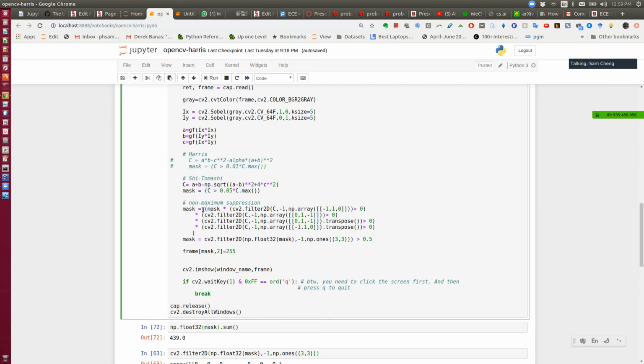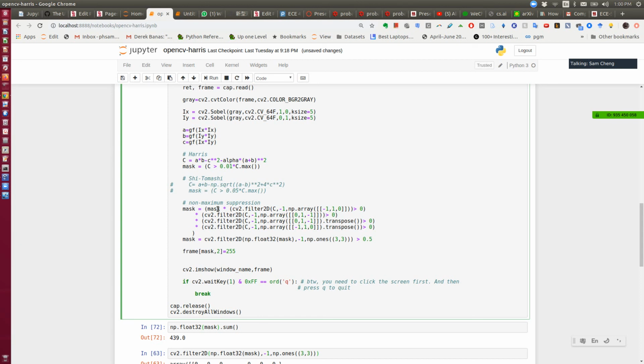Then here is the choice: I try both Shi-Tomasi and Harris. Shi-Tomasi tries to find the minimum of the eigenvalues, and you can find the closed form if you use a pen to calculate it. You can find that value is something like this expression. Otherwise, if you use a Harris corner detector, you will have something like this. I was using Shi-Tomasi earlier. Maybe this time let's try Harris.